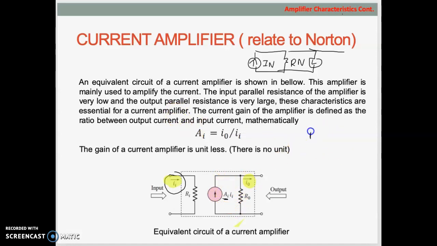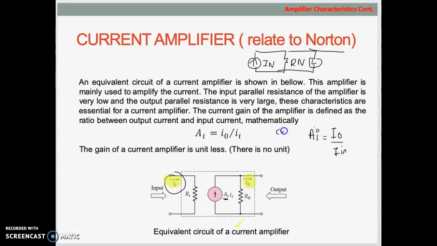Your current gain here is denoted by Ai equal to Iout over Iin. So this is what we call current gain. Please take note, this current gain has no unit because the units cancel each other out, so there will be no unit for the gain of the current amplifier.